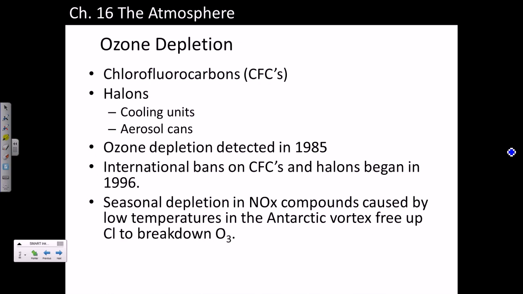But we still see that there's a pretty big hole, especially in the Antarctic ozone layer, and that is possibly getting a little bit smaller. So maybe we'll find out some more on that as we move through the atmospheric discussions here. But more or less, it's been about the same size since we detected its depletion in the 80s.